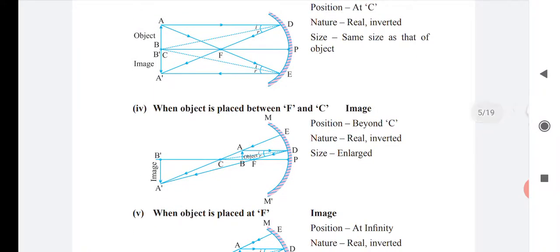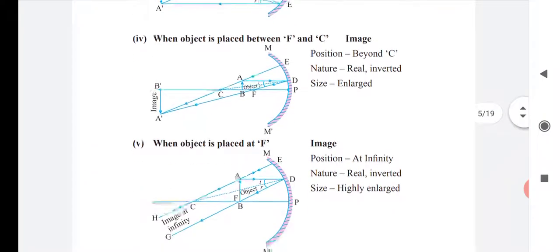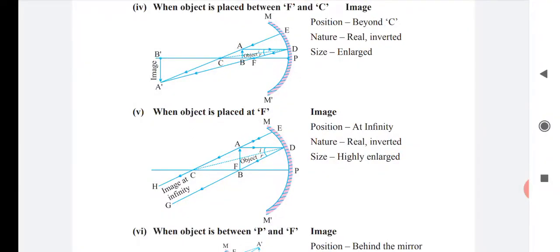Next one, when you place the object between focus and center of curvature, the position of the image will be beyond C, and the nature is real and inverted, and it is enlarged. When you place the object at focus, the position of the image will be at infinity, it is real and inverted, and highly enlarged.